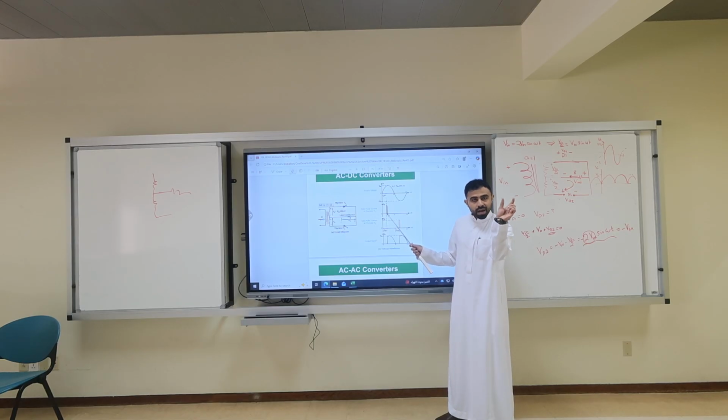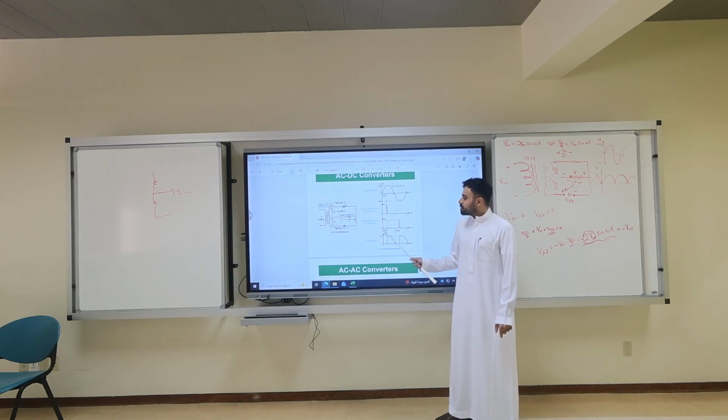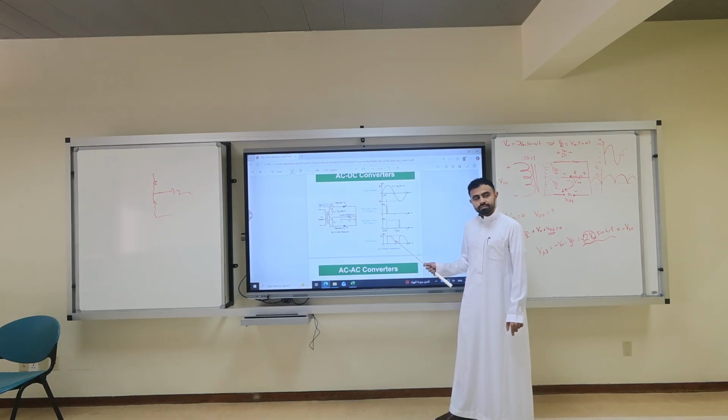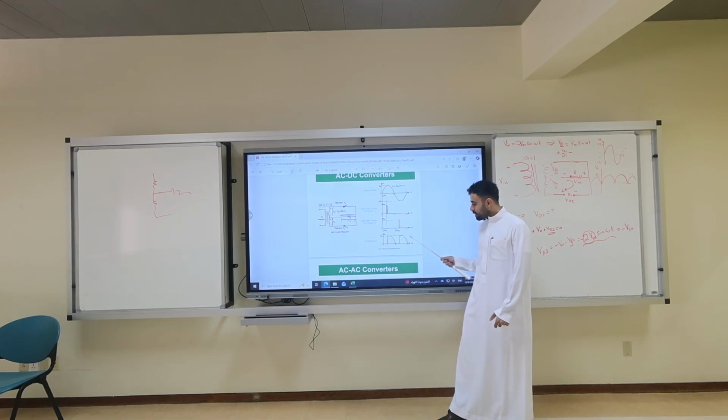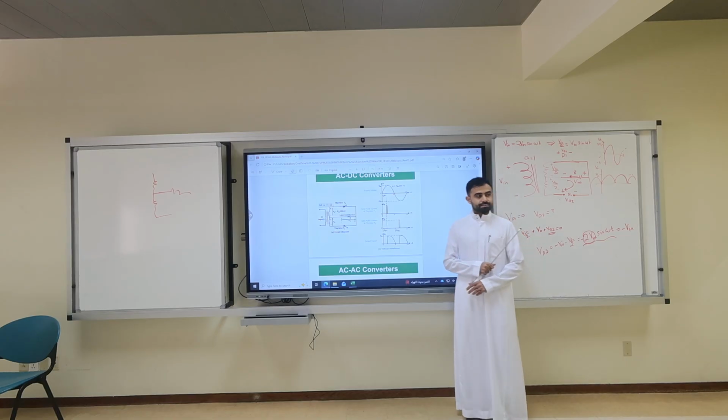Very short, in microseconds. Once we fire it, it will conduct. And then it will turn off during the negative cycle, unless we receive the other pulse. Once we receive the other pulse, T2 will be on, and it will rectify the signal.